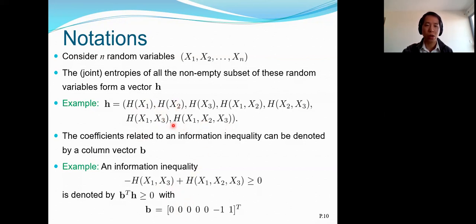Except the last two terms here, we have minus entropy of x1, x3, so we put the coefficient -1 here, the second last part. And the last element here, we put +1, okay, for the joint entropy of all of them. So we can use b to denote this information inequality in the system.